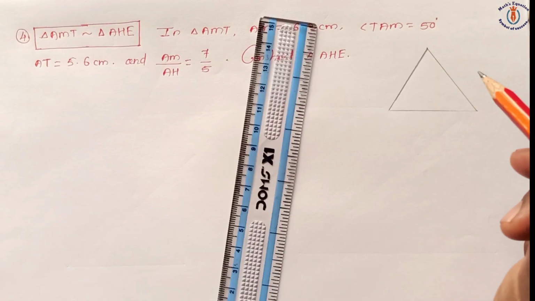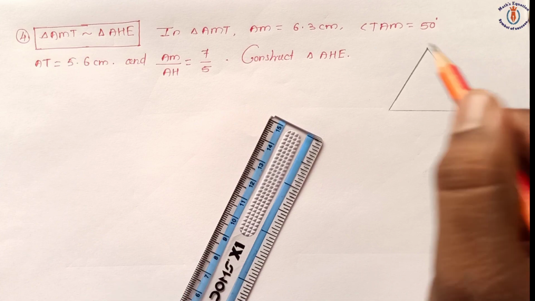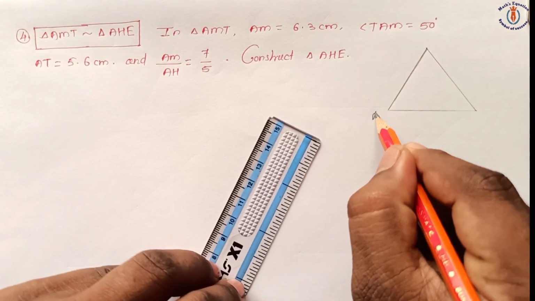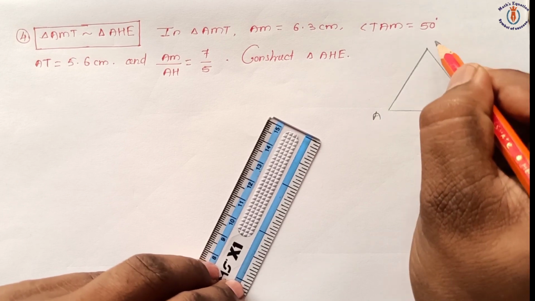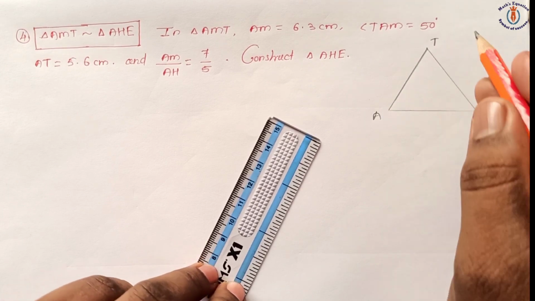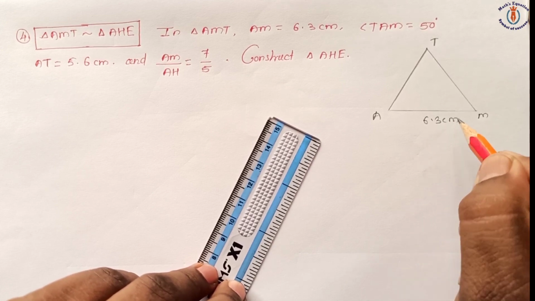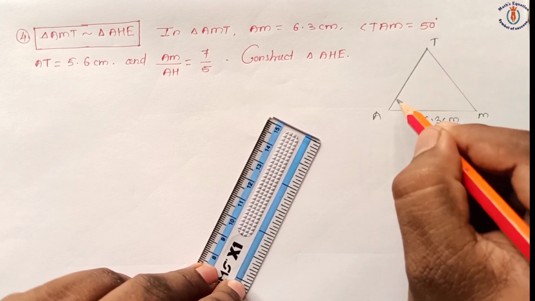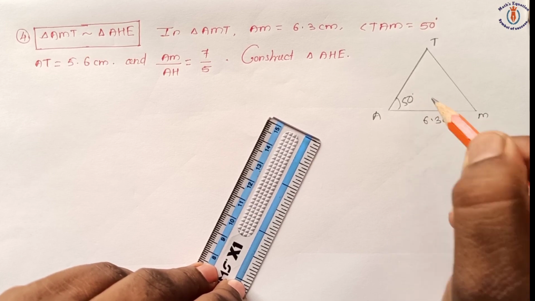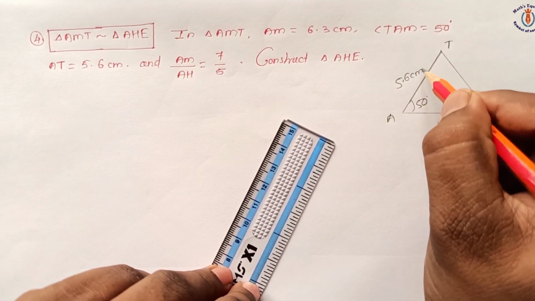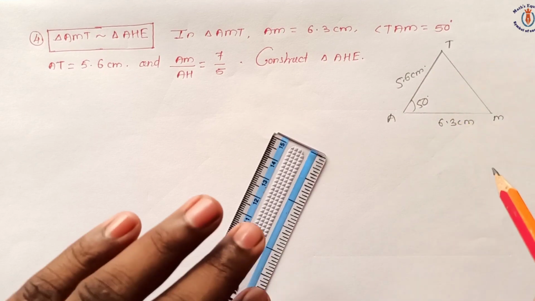As we discussed in question number 2, this common vertex should be on a base. So this is A, M, and this one is T. Now AM is equal to 6.3 centimeter, angle TAM is equal to 50 degree, and AT is equal to 5.6 centimeter. So let's construct this triangle first of all.